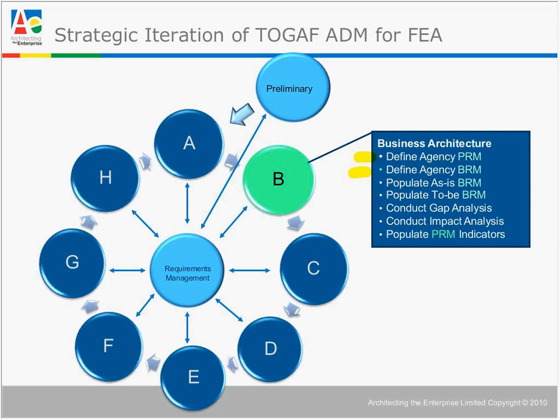We're going to populate that PRM on the as-is, populate the to-be, and when I say populate, I mean we're going to develop the artifacts that we chose in the vision phase. Conduct a gap analysis, impact analysis, and we're going to populate those PRM indicators that we defined up here.